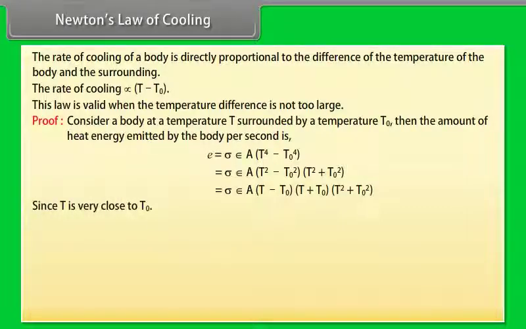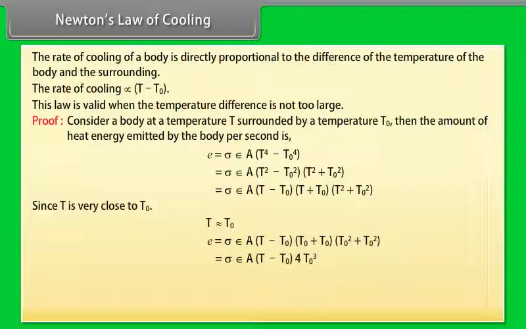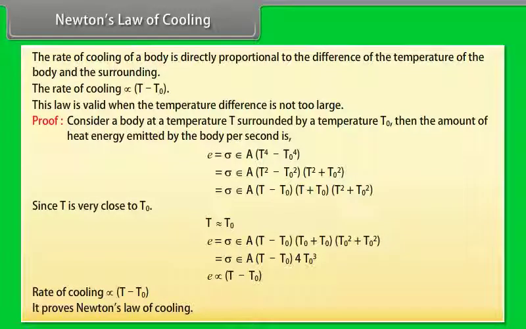Since T is very close to T0, it implies E is directly proportional to T - T0. Rate of cooling is directly proportional to T - T0. It proves Newton's law of cooling.